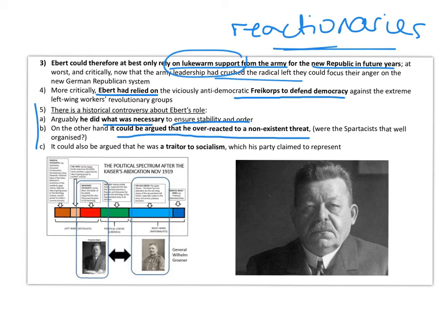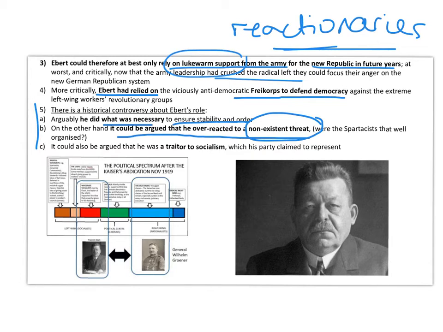But there's quite a convincing argument, which you'll pick up in Lee, that the threat was non-existent because the Spartacists were disorganised. Do you remember we said yesterday that Liebknecht and Luxemburg argued with each other? They couldn't decide whether a violent takeover in Berlin would work or not. And it didn't work. Okay, they were easily defeated because they were disorganised. But it wasn't just poor organisation.